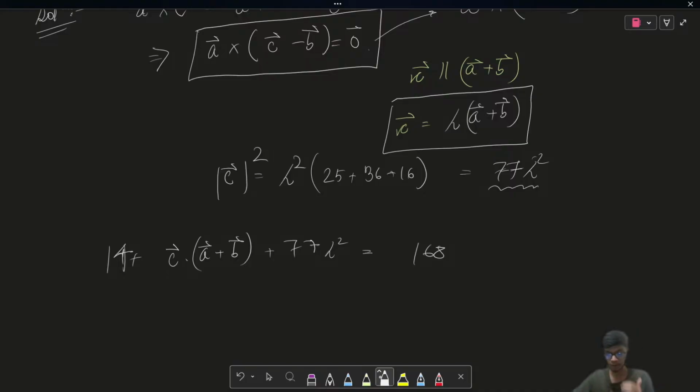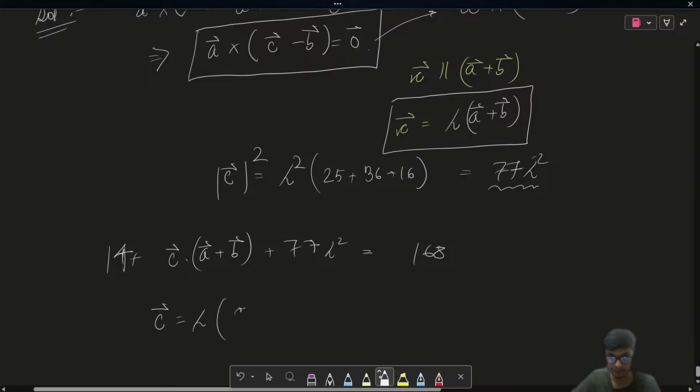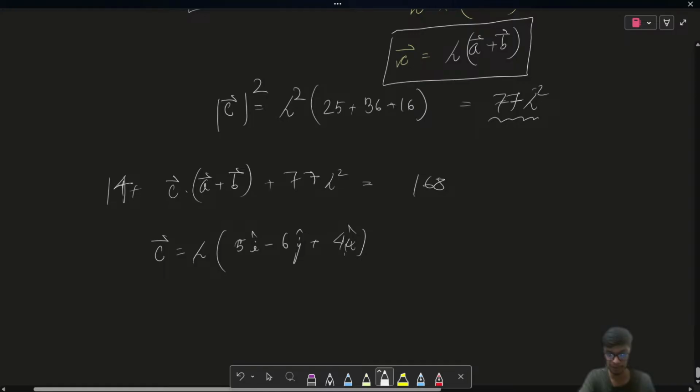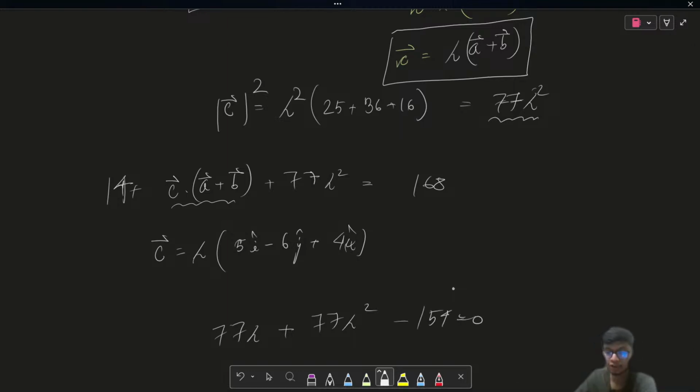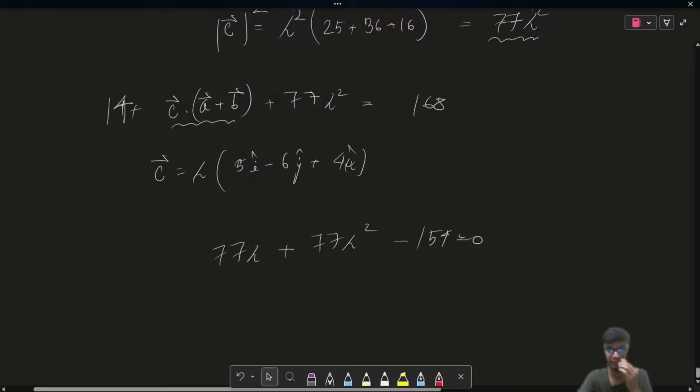So from this equation, we have already seen that C vector is given as lambda times A vector plus B vector, which is 5 i cap minus 6 j cap plus 4 k cap, right? So from this expression, I will have another equation in lambda, and the final equation will be 77 lambda plus 77 lambda square minus 154 is equal to 0, which I can simplify because 77 times 2 is 154.